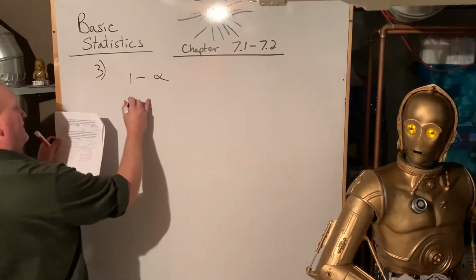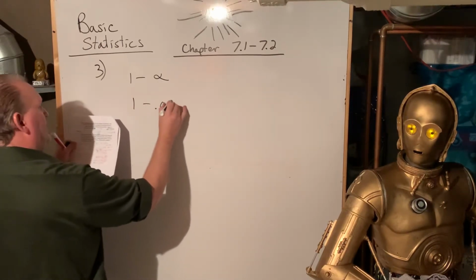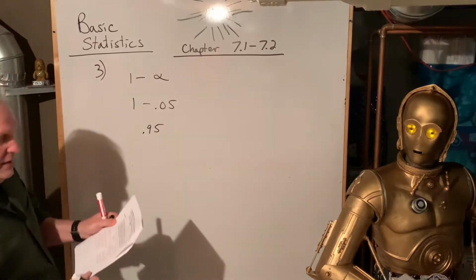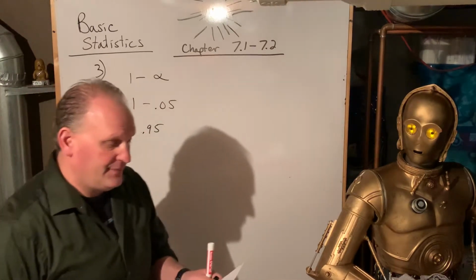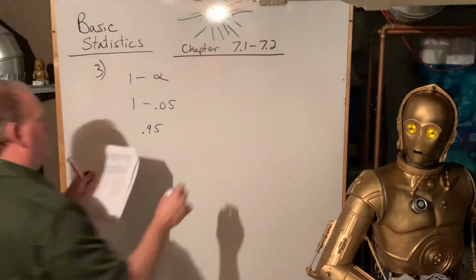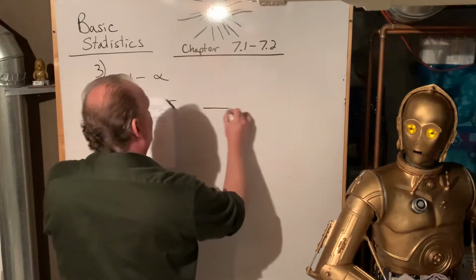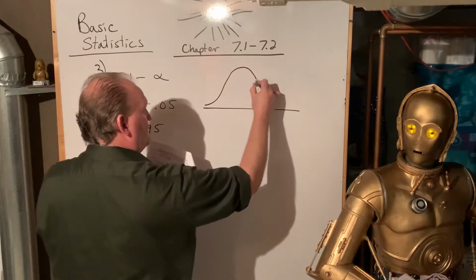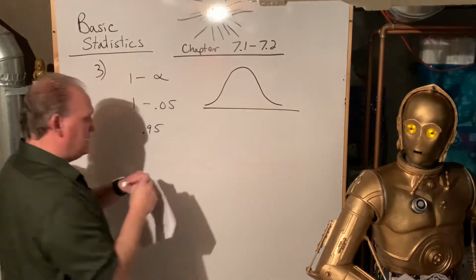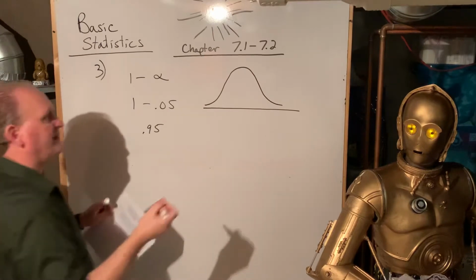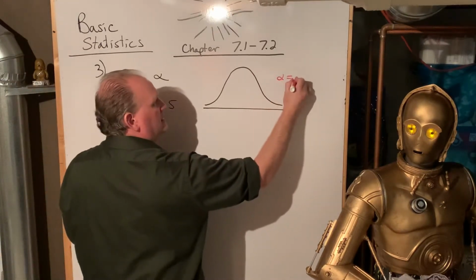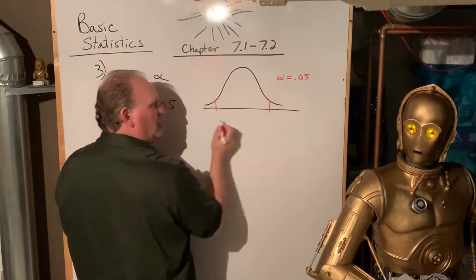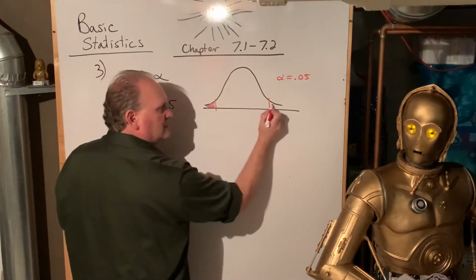So if our alpha is 5%, then the confidence level would be 95%. So look, what does that mean? If we have a standard normal curve, and it's a two-tailed test with an alpha of 5%, two-tailed means it's both on the top and the bottom.